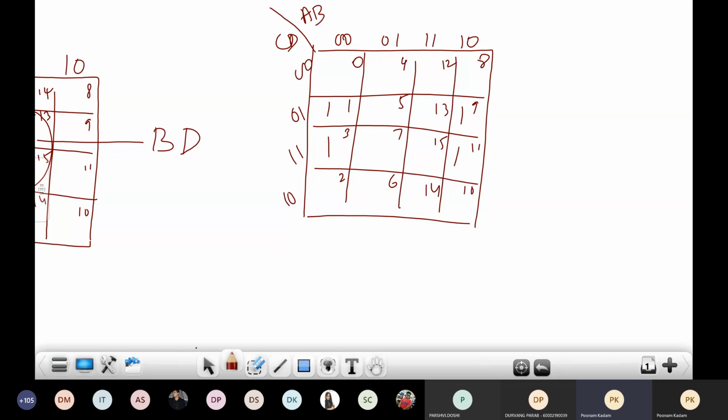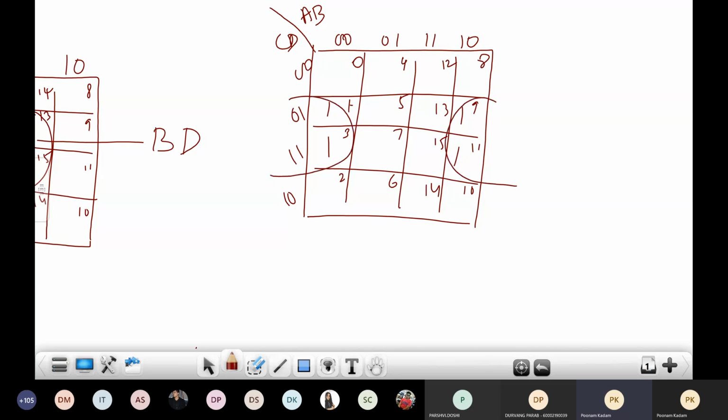They are present at cell number 1, cell number 3, cell number 9, and cell number 11. Can we combine these 4 together? Yes. We know that cell number 1 and cell number 3 are neighboring cells. We know 9 and 11 are also neighboring cells. And these 2 groups are also neighbors to each other, right? So we can have a group of these 4 cells.